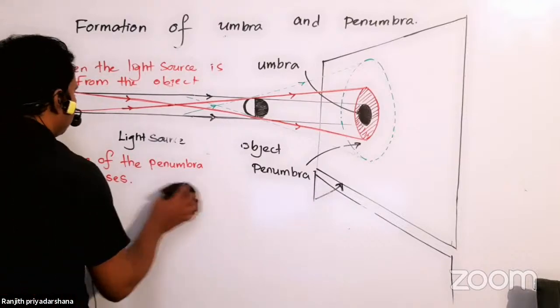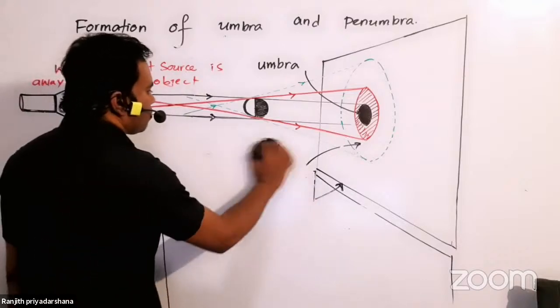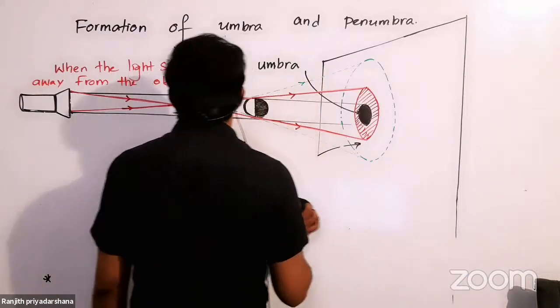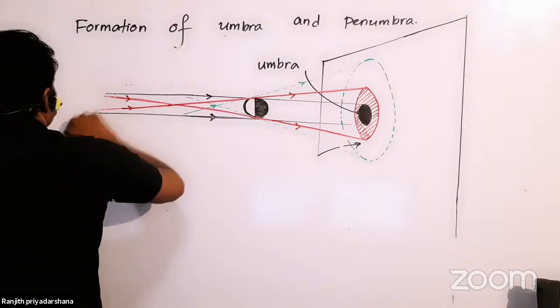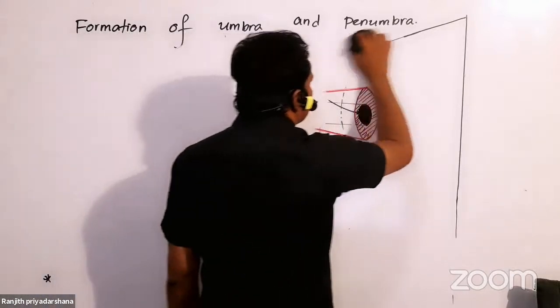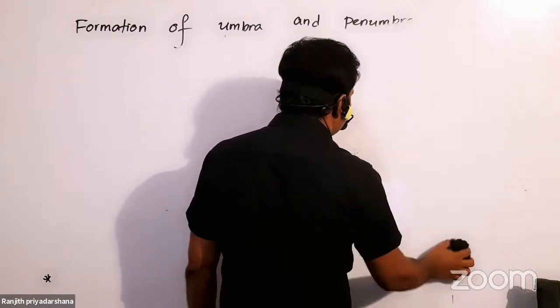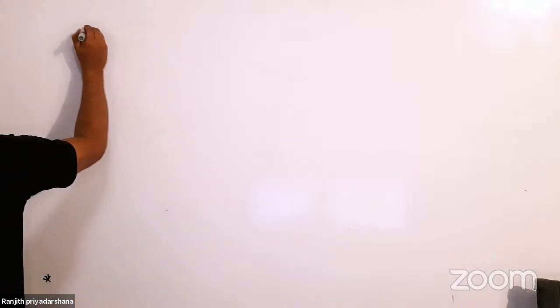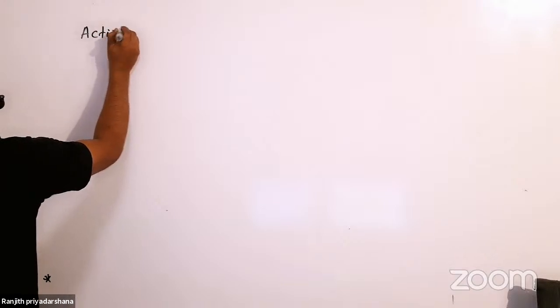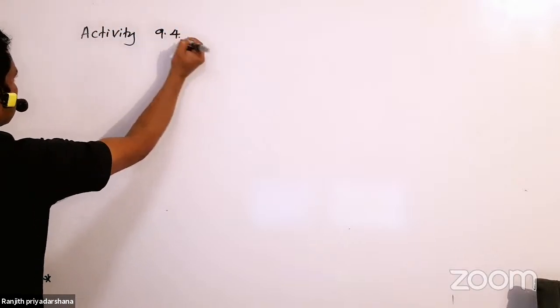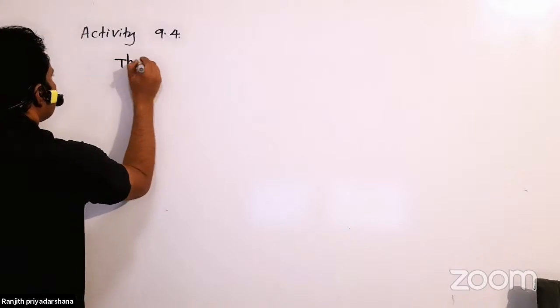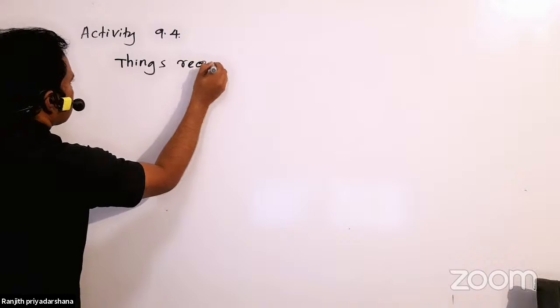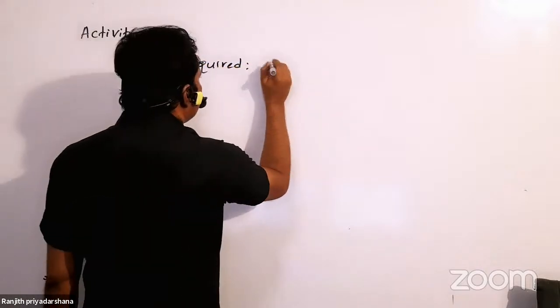Activity 9.4. Here the things you require: a torch.